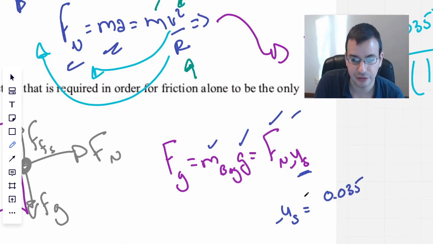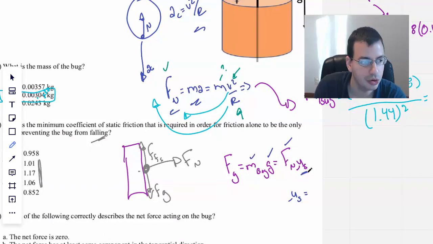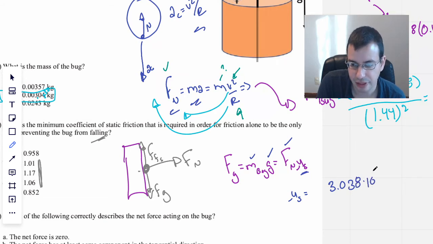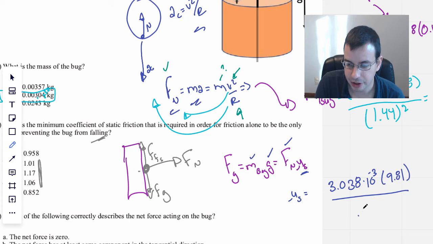So we have 0.035, which is the, nope. See, that's why I'm getting ahead of myself. So the mass will be 3.038 times 10 to the negative third. That's mass times gravity, which is 9.81, divided by 0.035 newtons, because I basically just moved the force over here.